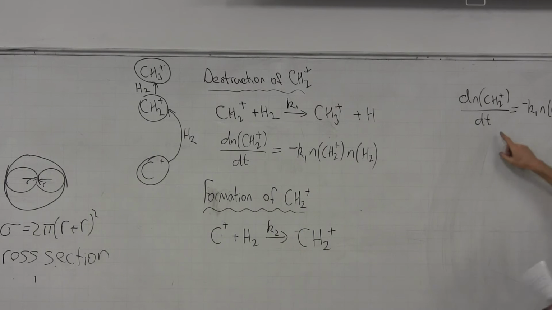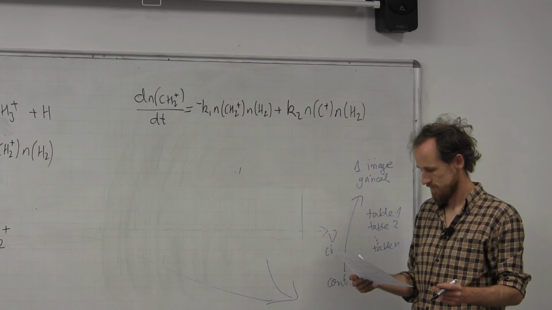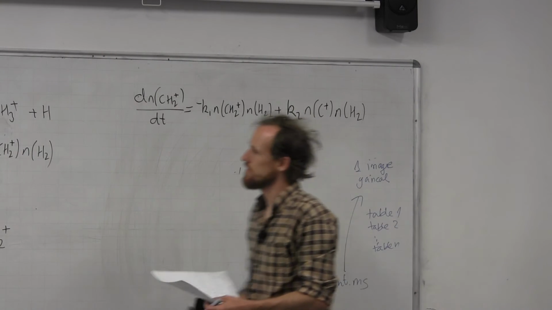Okay, so the full differential equation for CH2+ includes two processes because there's two arrows on the diagram. And so that's enough of that.